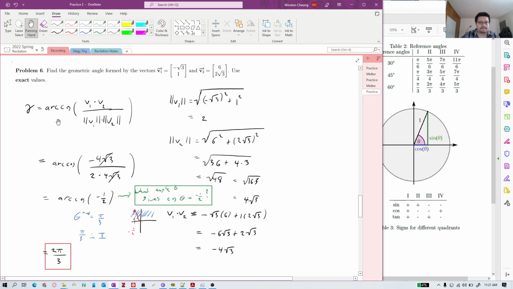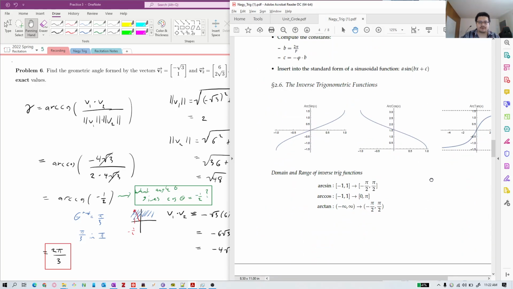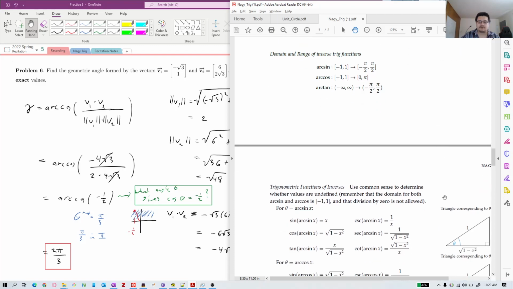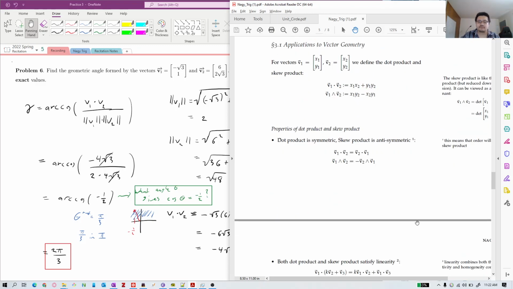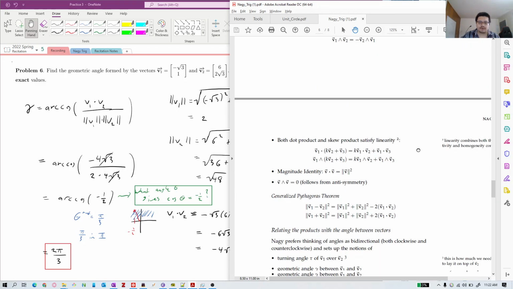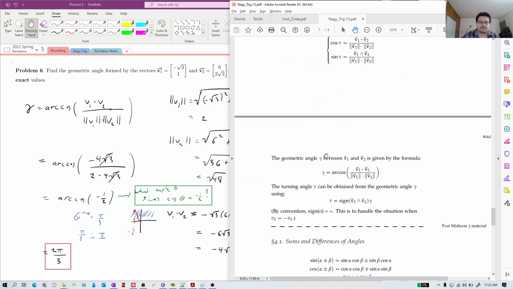All right. Find the geometric angle formed by these two vectors. Use exact values. So the geometric angle. This is newer material that we're going to be covering today, as of the time of recording this. This formula is in this part of the notes.